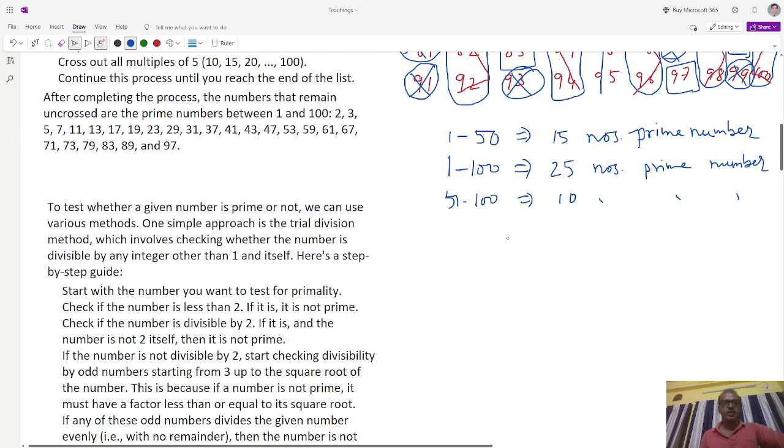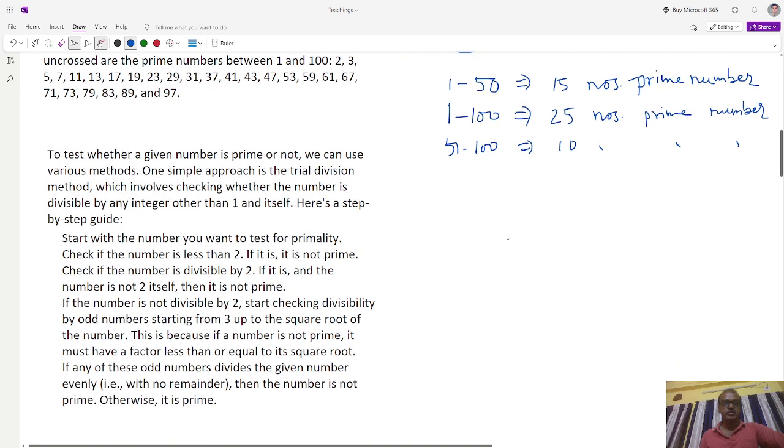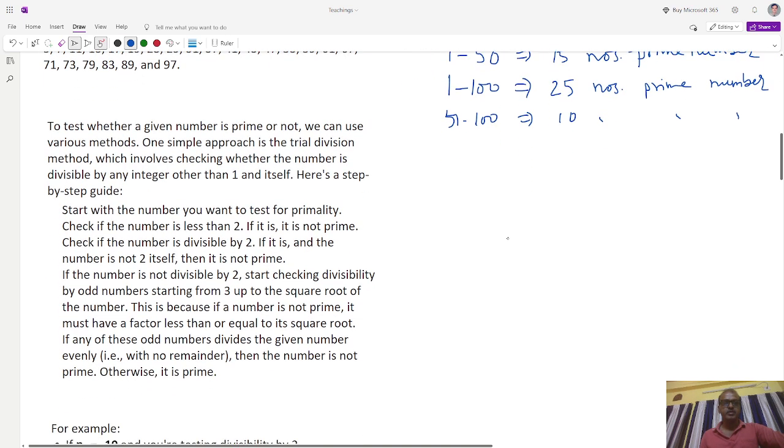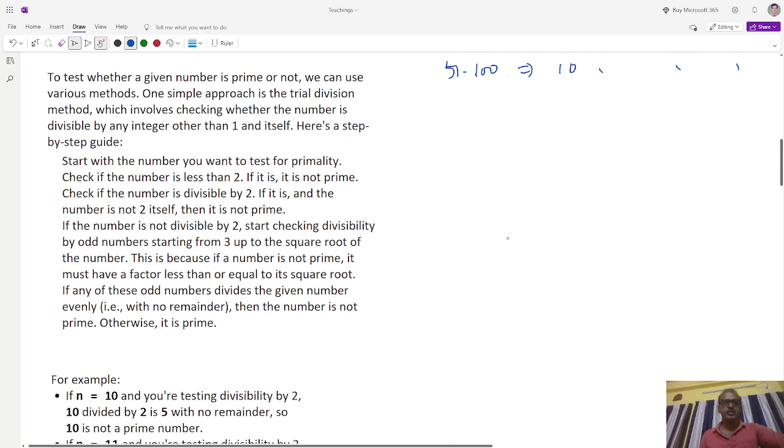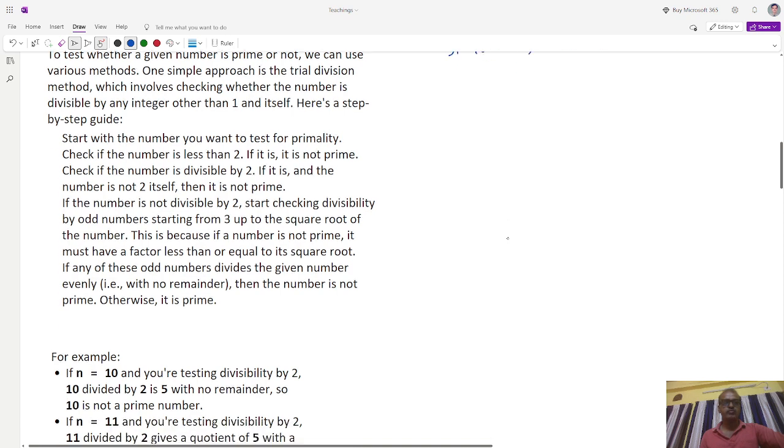Here is a step-by-step guide. Start with the number you want to test for primality. Check if the number is less than 2. If it is, it is not prime. Check if the number is divisible by 2. If it is and the number is not 2 itself, then it is not prime.